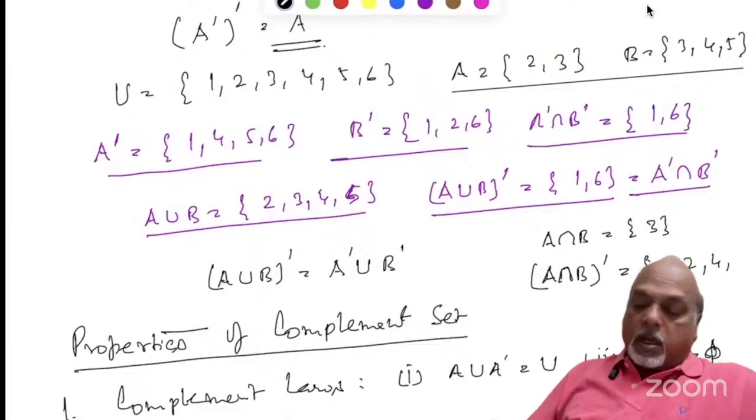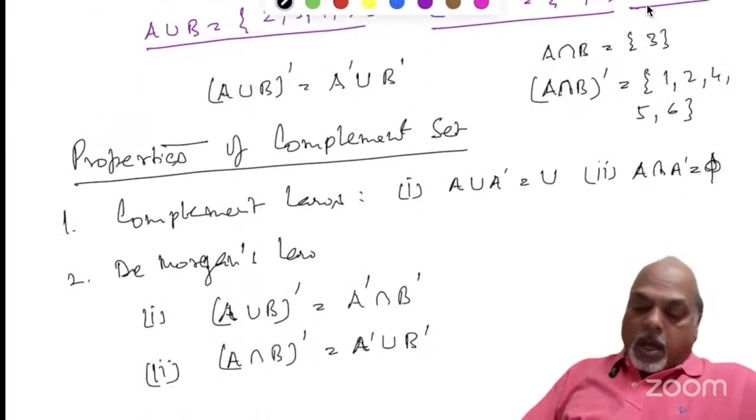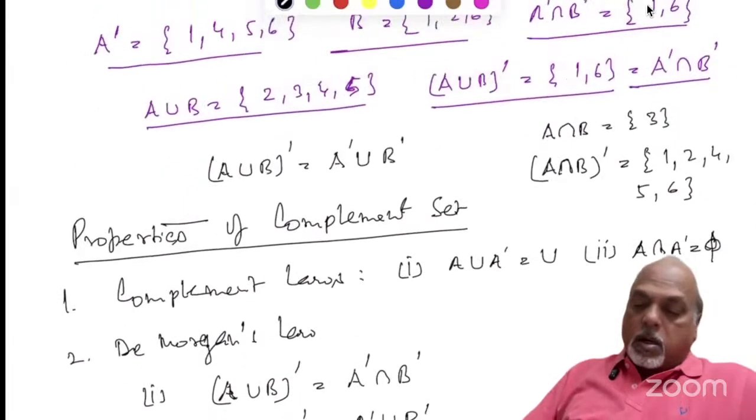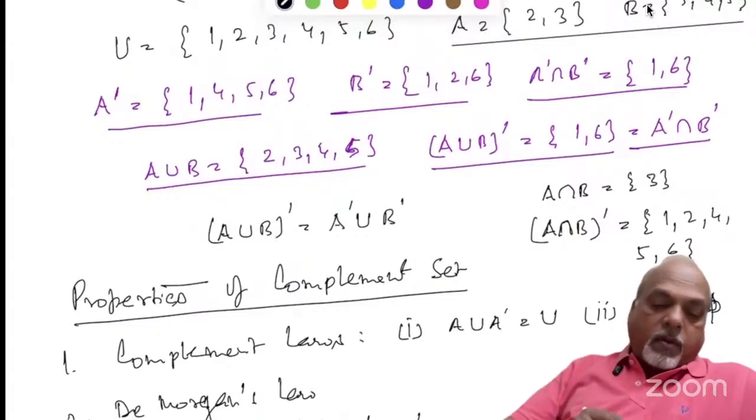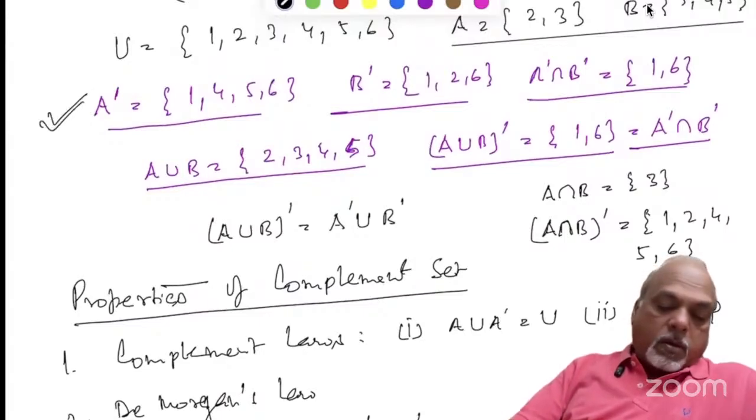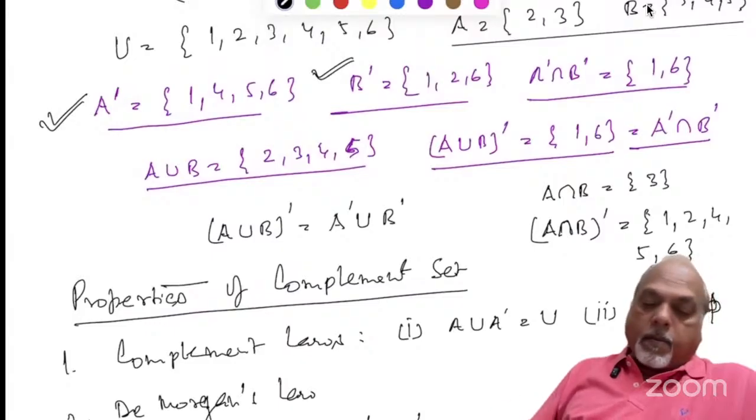It will be the complement of this, and then we have the union of this, A dash union B dash.